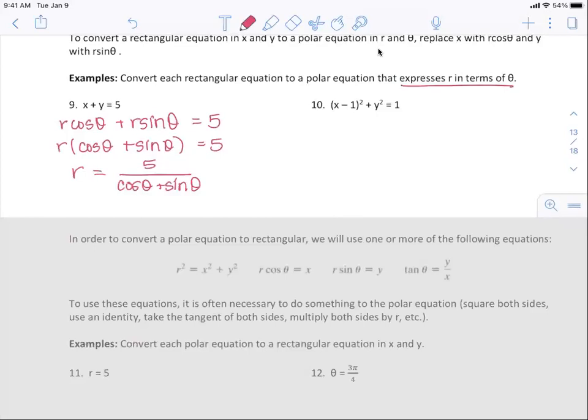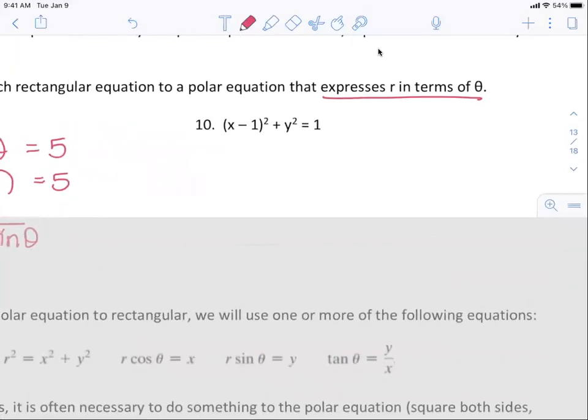For number 10, I might suggest that we expand this out first. If we square x minus 1, we get x squared minus 2x plus 1 plus y squared equals 1. The ones are going to zero out. So we have x squared minus 2x plus y squared equals 0.